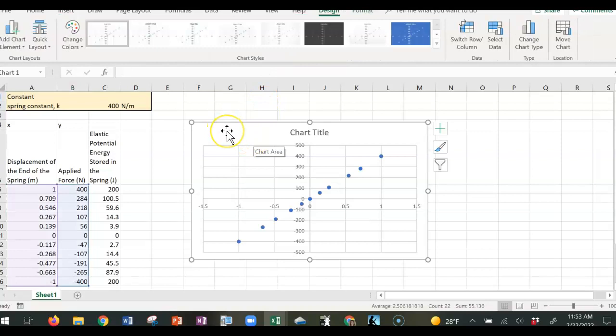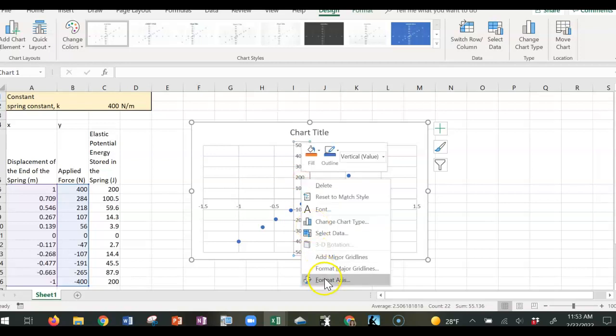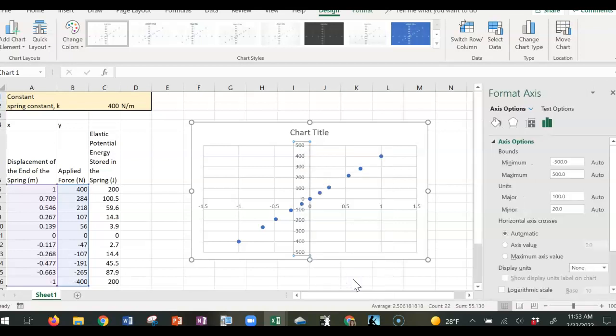Okay, so this might look a little strange because my two axes are crossing in the center of this graph, so right now I have the values on this vertical axis in the middle of my graph. Just to make it more readable, I'm going to do a right mouse click on one of these numbers, and I'm going to tell it that I want to format the axis.